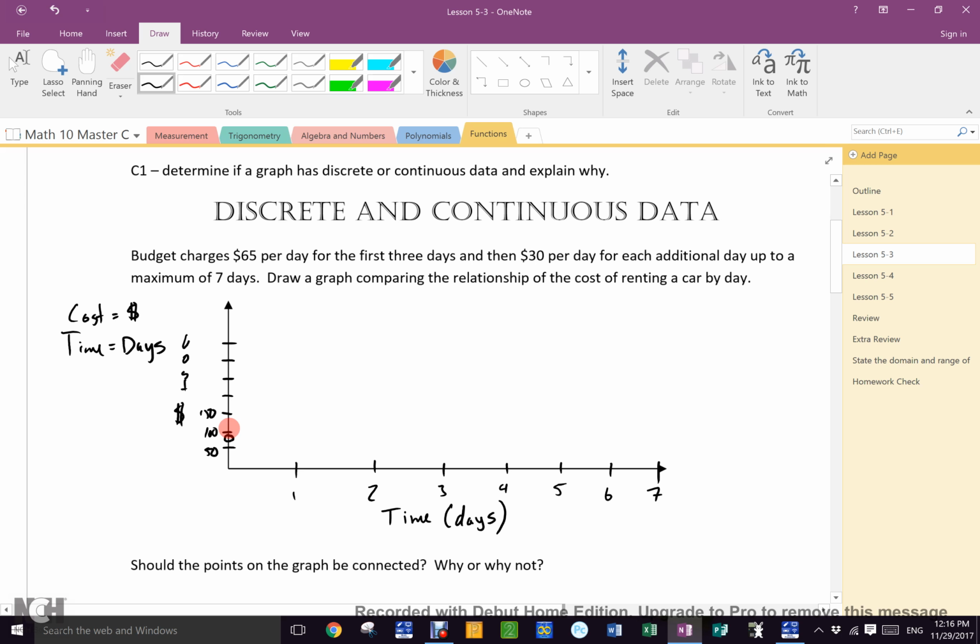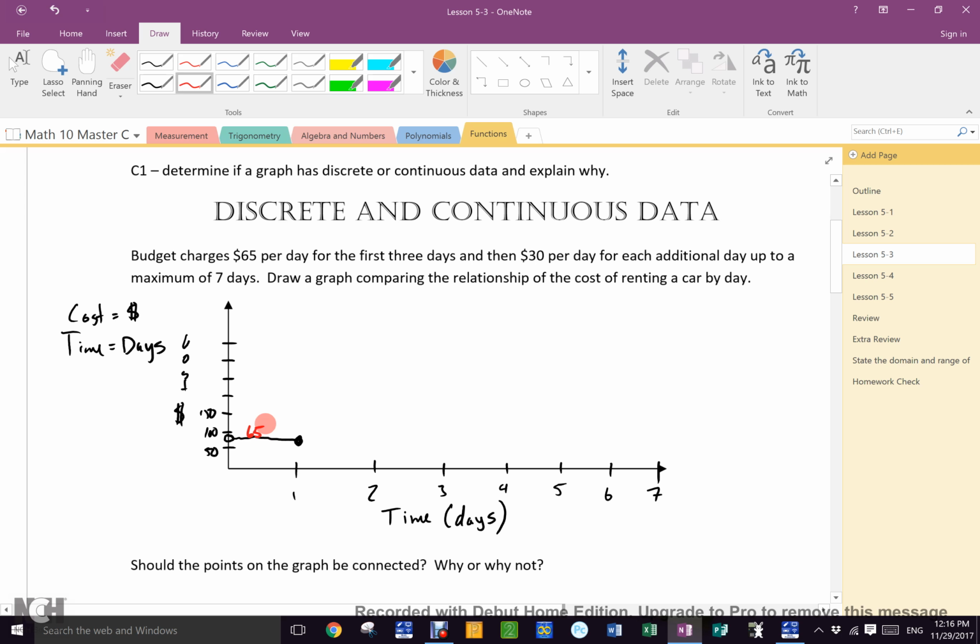Now, if I take that car and drive it off the lot, how much am I paying? $65. For how long? 1 day. So up to 1 day. Is 1 day included? So what kind of dot does that get? Solid dot. And how much should I pay for that? 65. Is everybody cool?